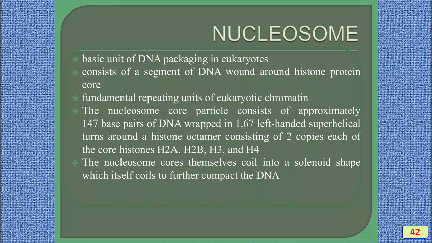The nucleosome particle consists of approximately 147 base pairs of DNA, which are wrapped in 1.67 left-handed superhelical turns around a histone octamer consisting of two copies each of the core histones, like this.